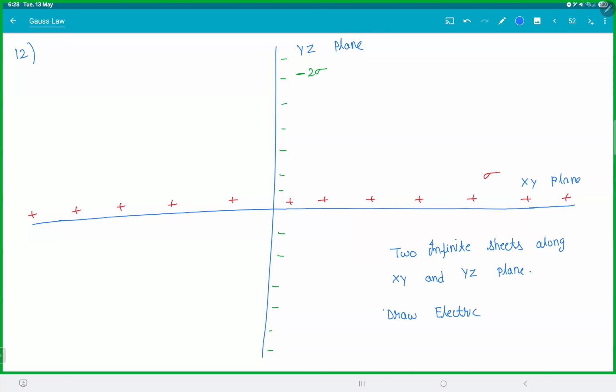So for these shapes, infinite sheets, draw electric field lines. How will the field lines look like? These are some pretty good mains level questions. And draw the equipotential regions.